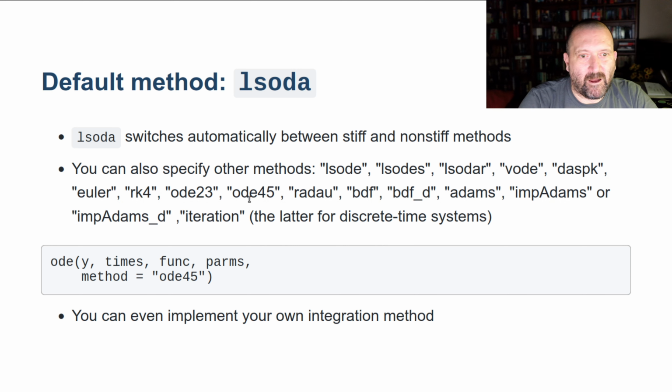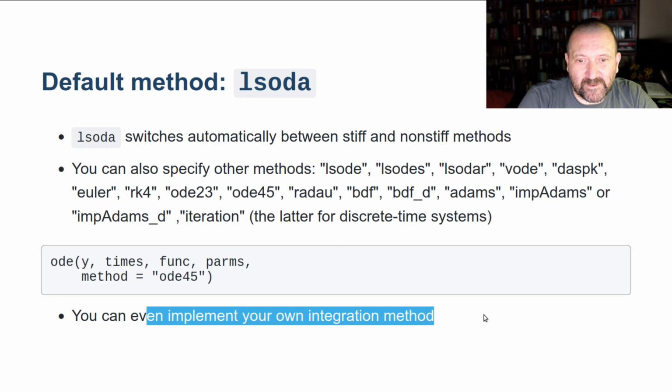If you're coming from MATLAB, these are functions that work like the ones in MATLAB. There is a variety of things; I'm not going into details. There's even this one, iteration, which is for discrete time systems. So you can have a discrete time system and use this.